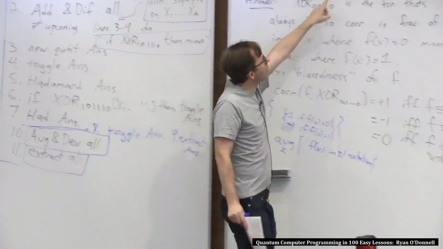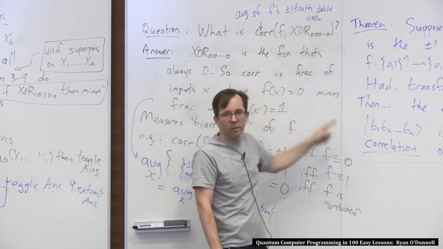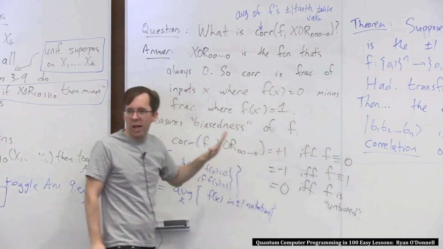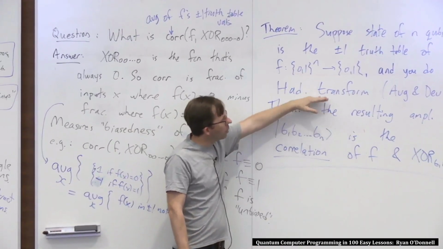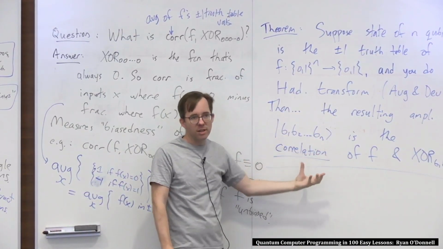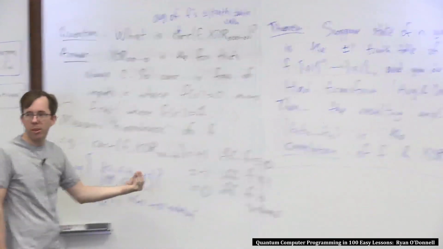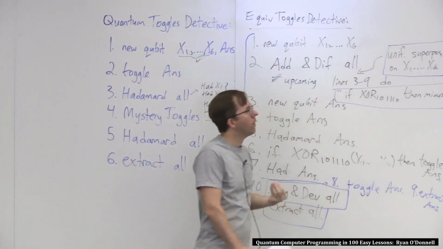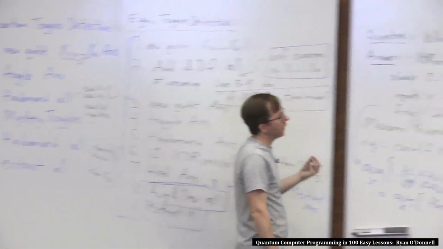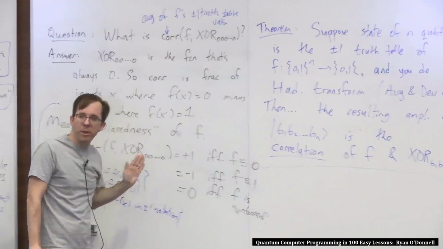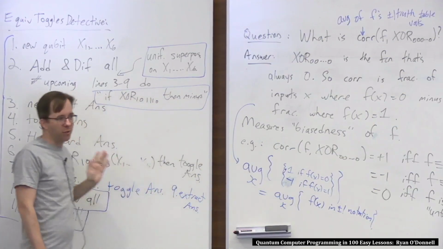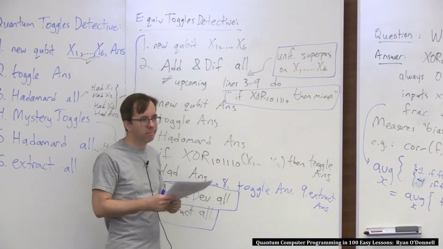In other words, you get the average of f's plus or minus 1 truth table values. And that's exactly what we proved last time in lecture 8, the special case about the Hadamard transform. So now I guess you're like, great, we've proved this theorem in the special case where b1 through bn is all zeros. Just have to prove it in every other case.